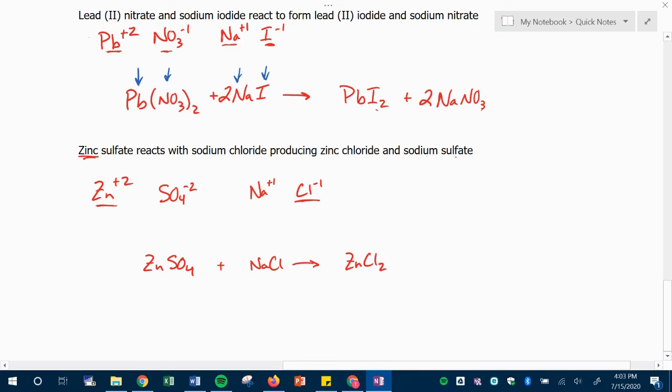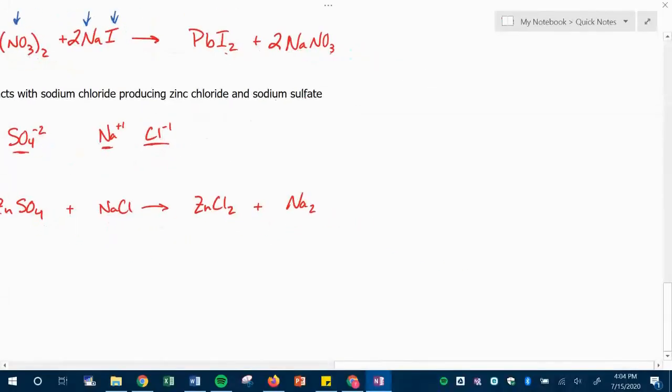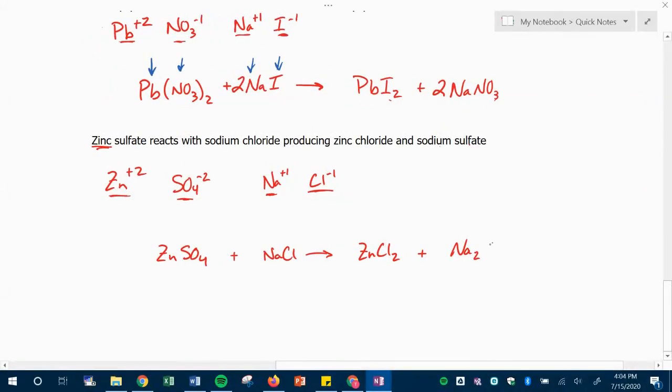And then sodium sulfate. So plus, now sodium sulfate. So sodium is +1 and sulfate is -2. So remember, as we switch those charges, it should be Na2SO4.